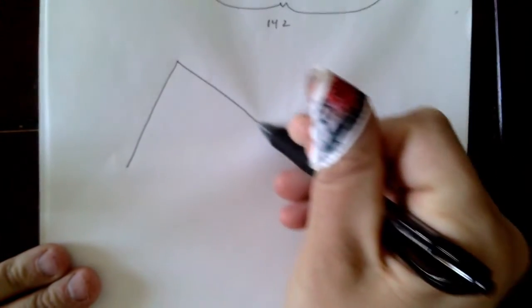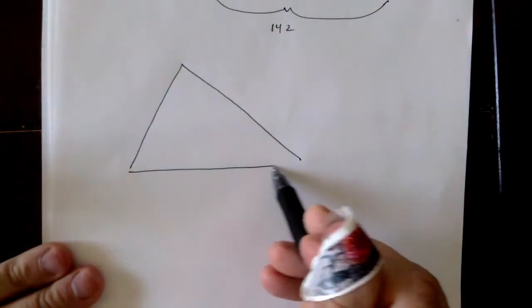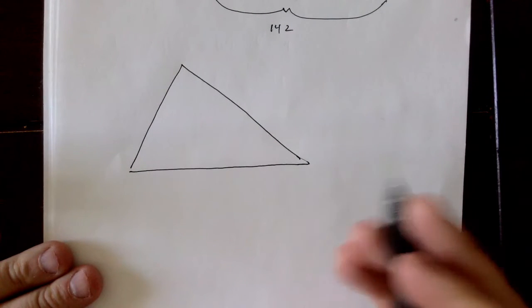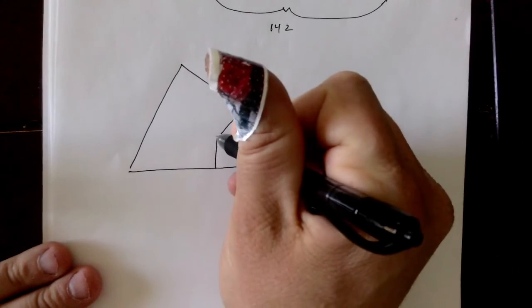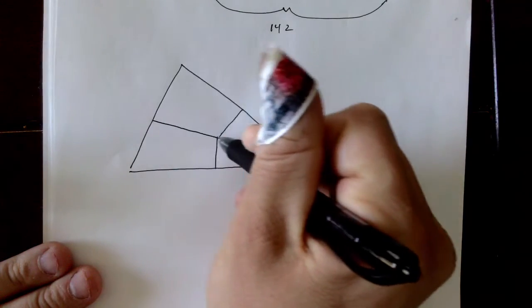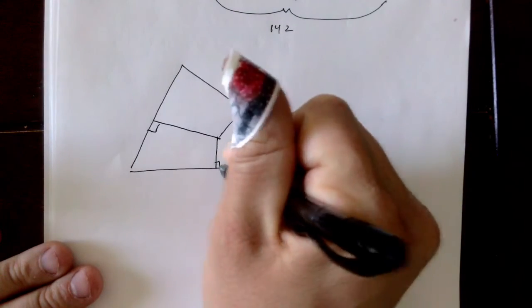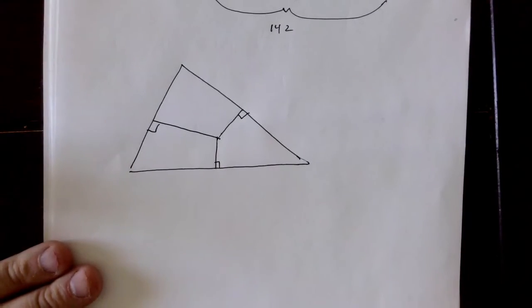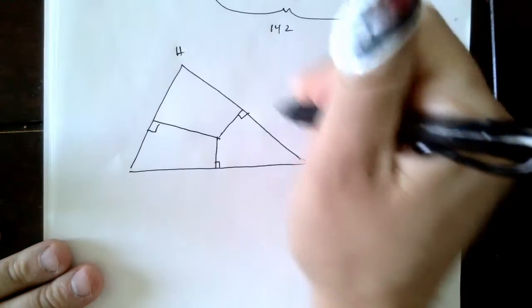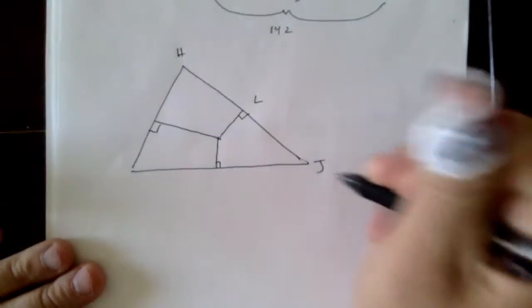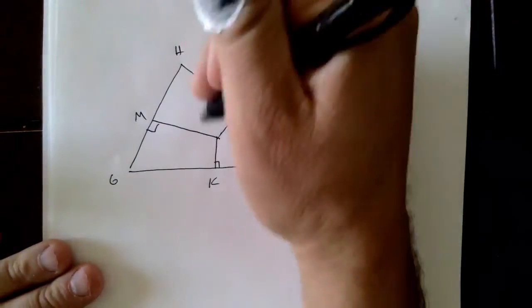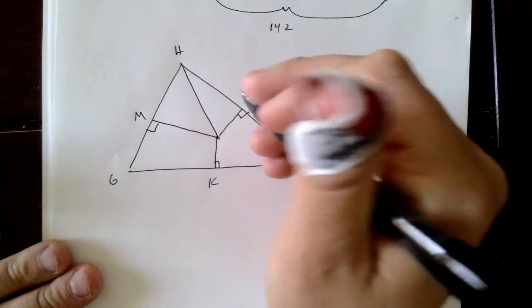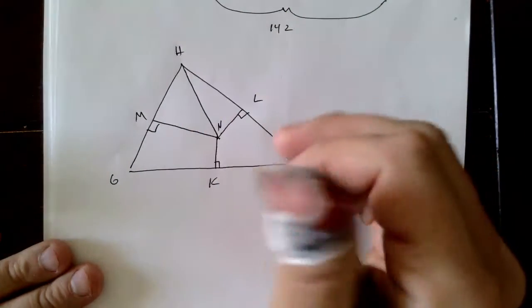Okay, this one says, here's our triangle, and our perpendicular bisectors are right here. This is H, L, J, K, G, and M. And the middle is going to be N.